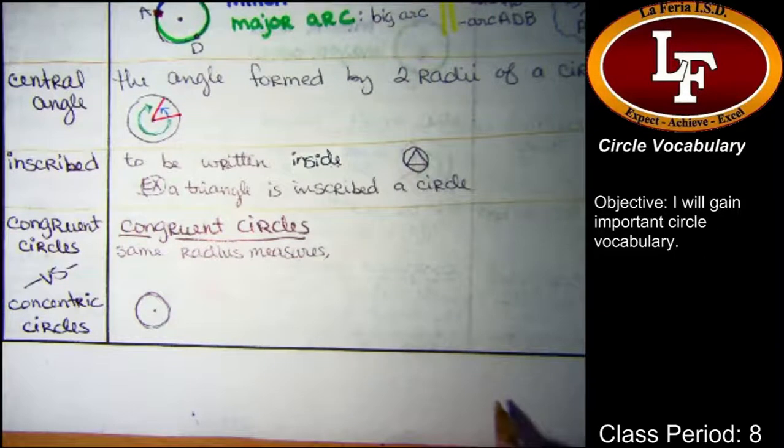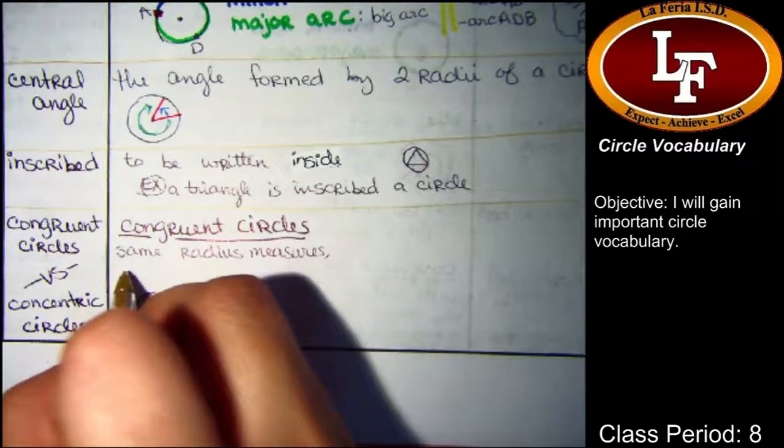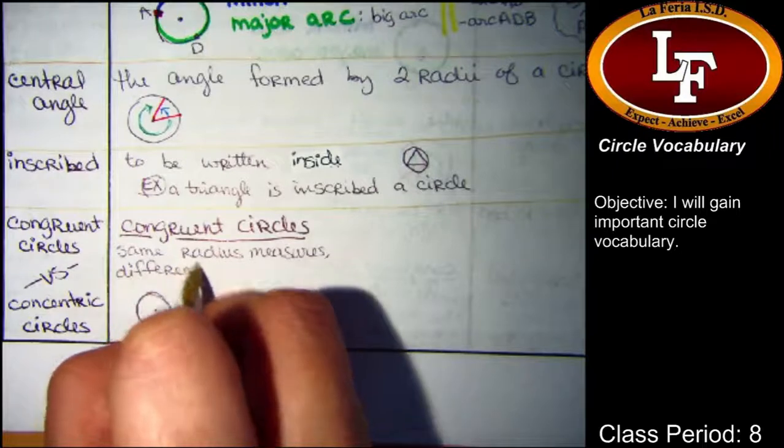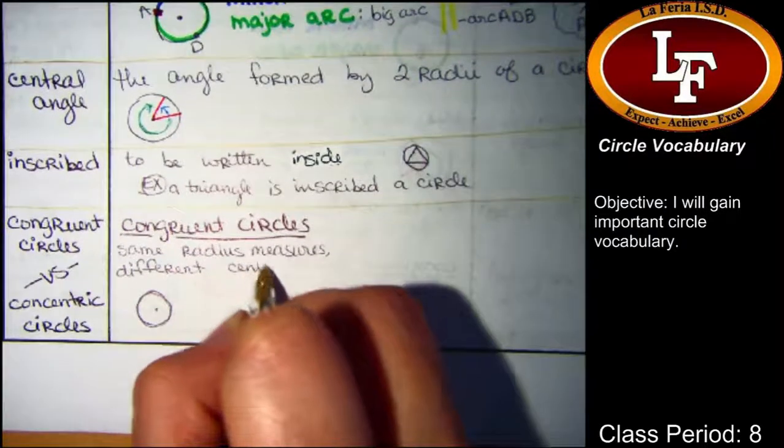Did I make a unique circle? Now, I just drew it on top of itself, and I still have the same circle. So can I have the same center point and have it be a different circle than what I had originally? No. So if I need these congruent circles to be different circles, then they have to have different centers.